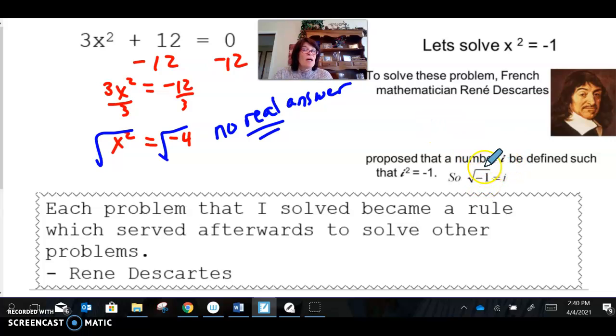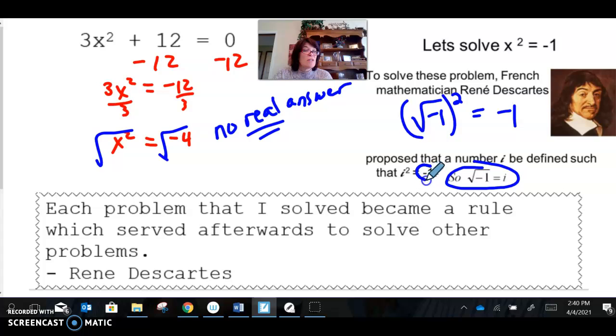We're going to call i the square root of negative 1. And notice what happens if I take the square root of negative 1 and square it. That brings me back to negative 1, which is a real number. So i squared is negative 1. The square root of negative 1 is i. This is our new number.